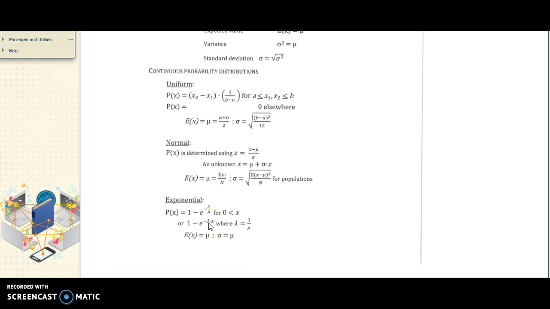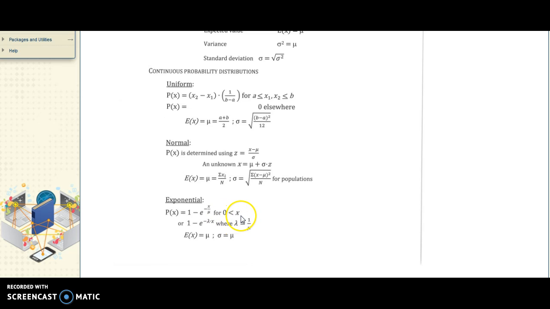If you just replace lambda with 1 over the mean, you get this formula right here. 1 minus e to the negative x over the mean. And when you calculate that using your calculator, I would use e exponent negative open paren x divided by mean closed paren equals, just to make sure that x divided by mean is one calculation.